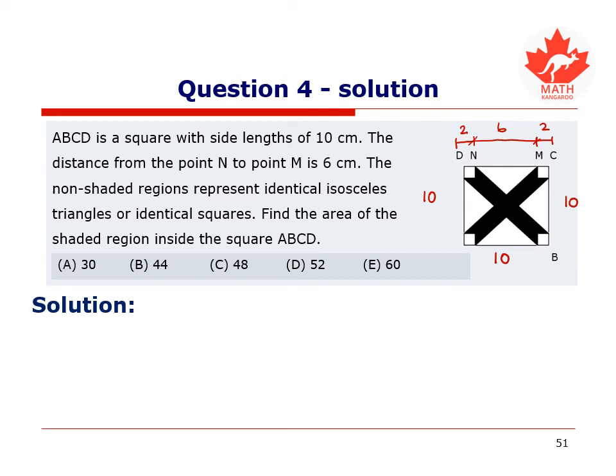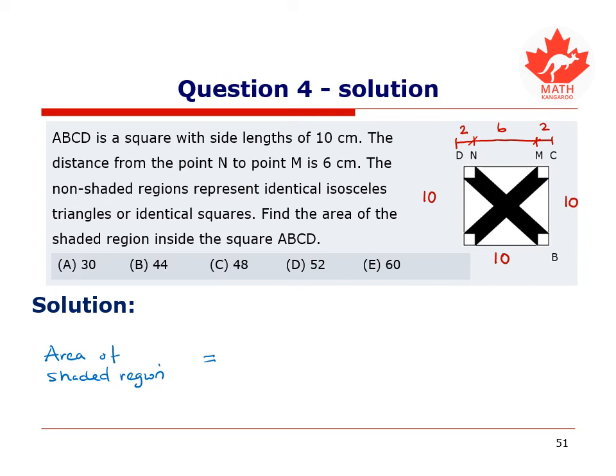The objective here is to find the area of the shaded region inside the square ABCD. The area then of the shaded region, because it's an irregular shape, it looks like an X with squares notched out of the corner.